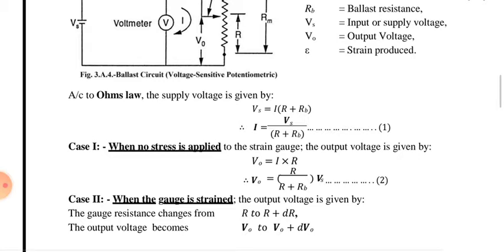Here VO equal to I into R. So instead of I in the equation, we put equation number 1.